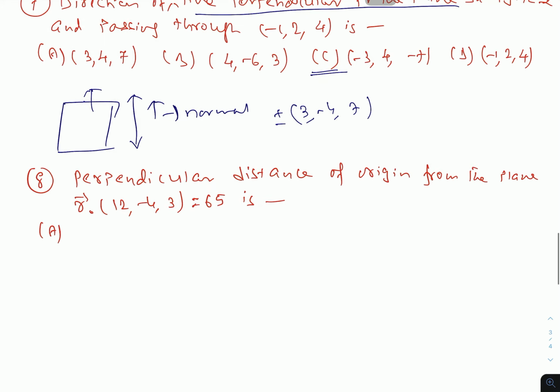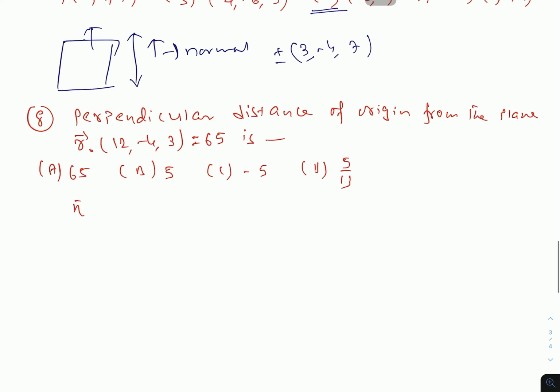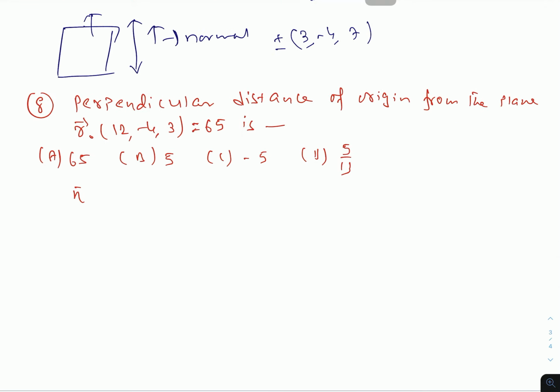Here the options are 65, 5, minus 5 and 5 by 13. Now what is n bar here? So n bar is 12, minus 4, 3. That is our n bar.